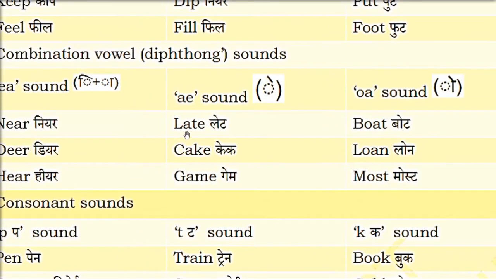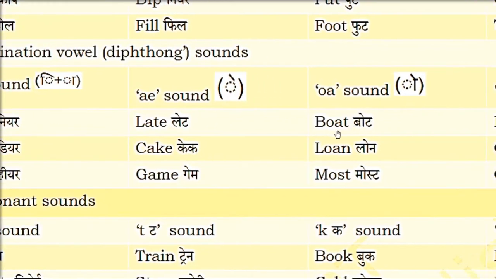And AE gives the A sound: late, cake, game. It's not necessary they come together. OA becomes O: boat, loan, most.